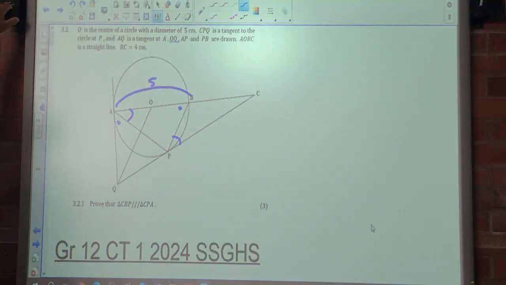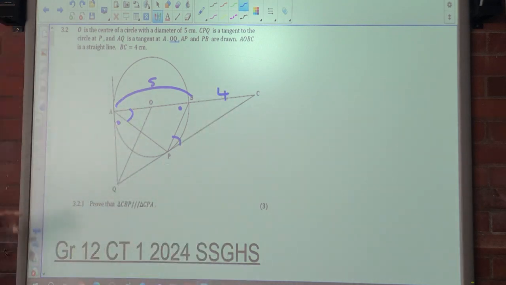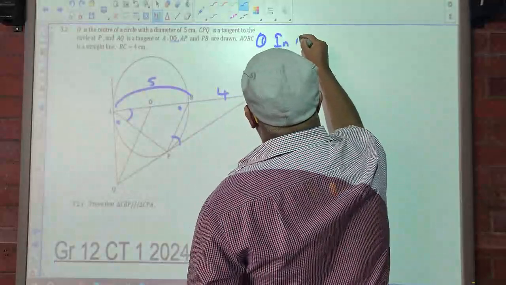Alright. So OQ and PQ are drawn. AOBC is a straight line with BC equals 4 centimeters. The question says, prove that triangle CBP is similar to triangle CPA. So where do I start?